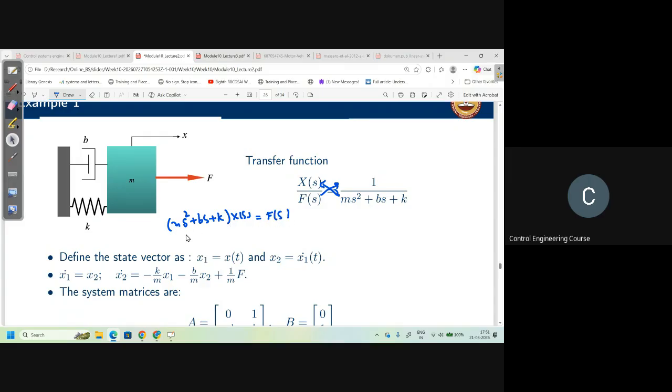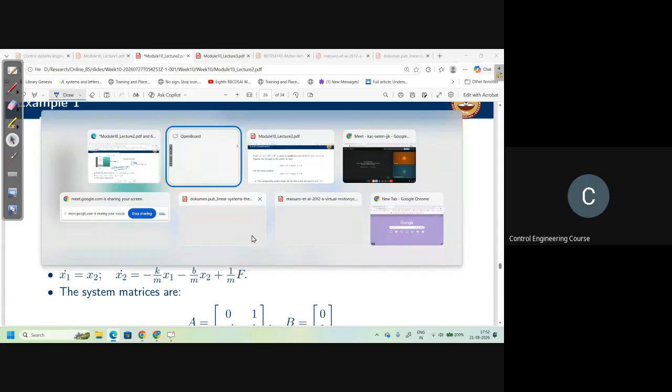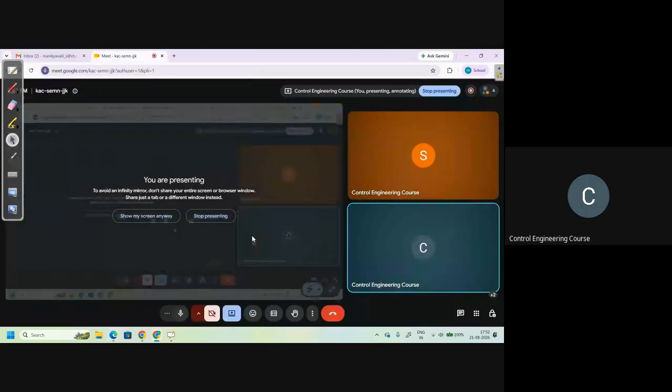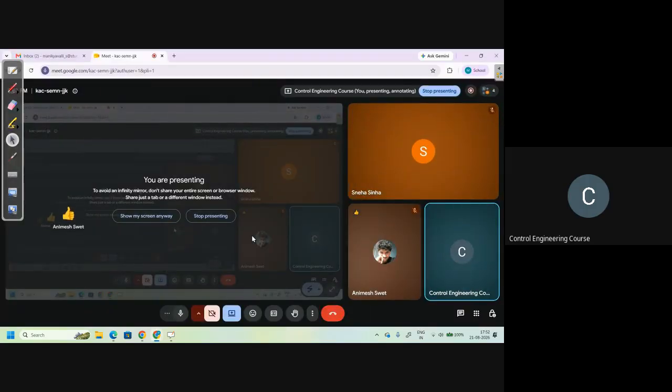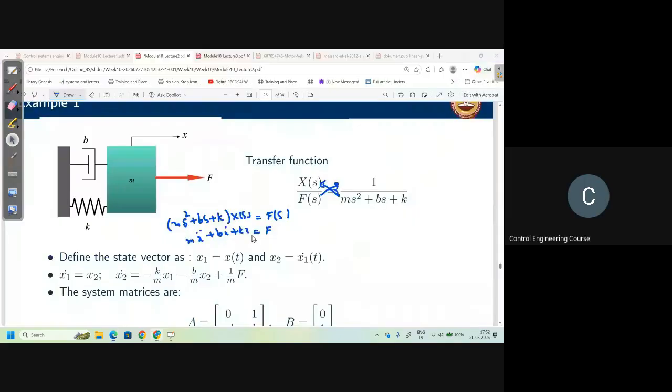In the time domain, this we can write as m x double dot plus b x dot plus kx equal to f. Are you getting?